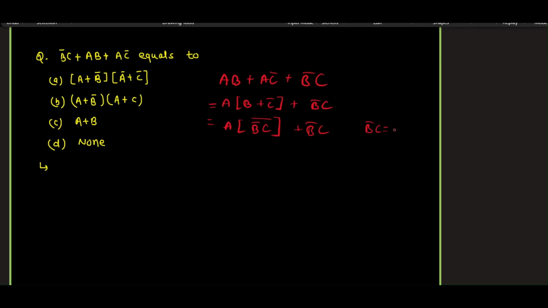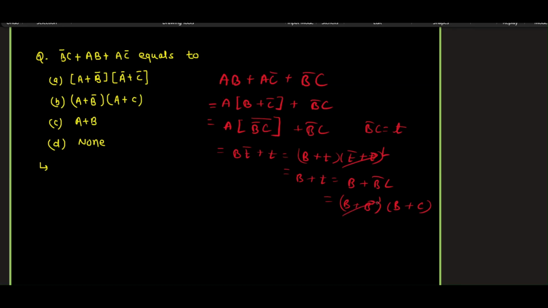Let B bar C, I'm calling it T. So it will be B T bar plus T. Then if you see, it will become B plus T times T bar plus T. So it will be 1 only. So it will be B plus T. And what was T? T was B bar C. B plus B bar C will become B plus B bar into B plus C. B plus B bar will be 1.